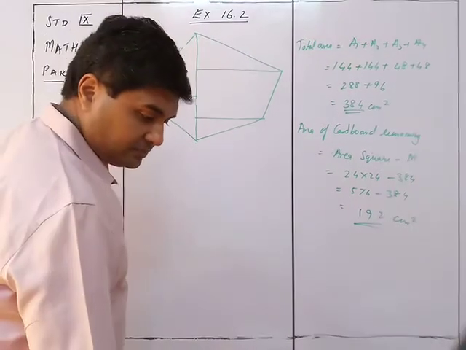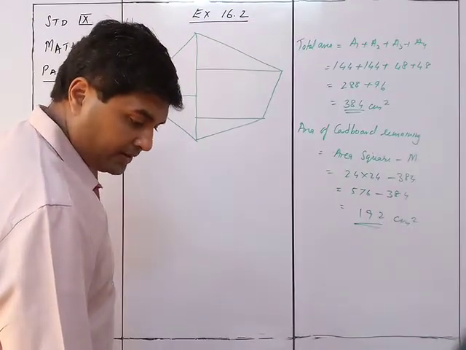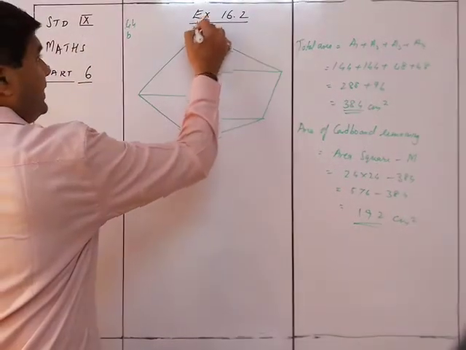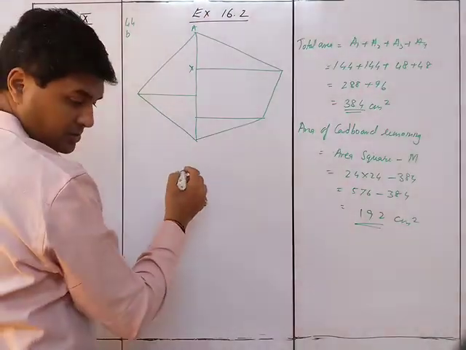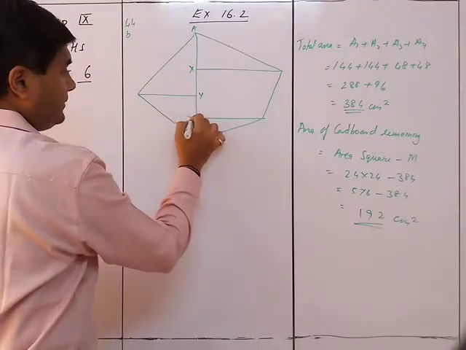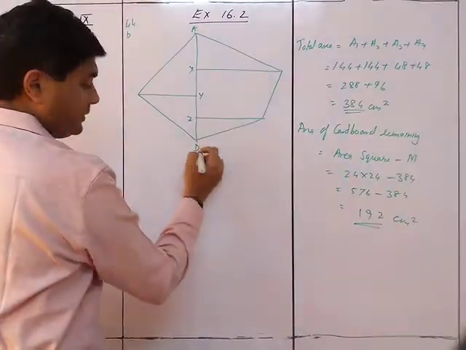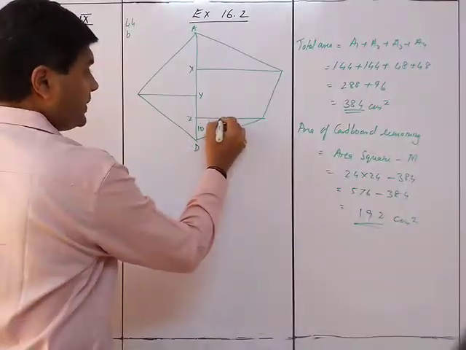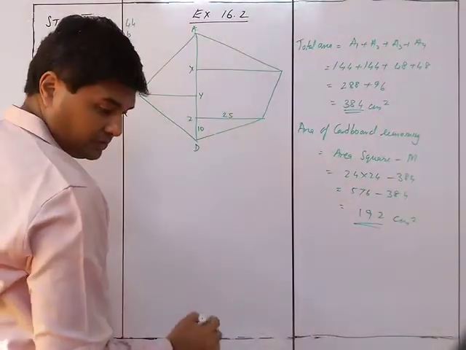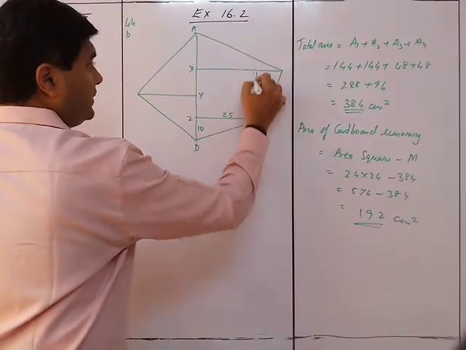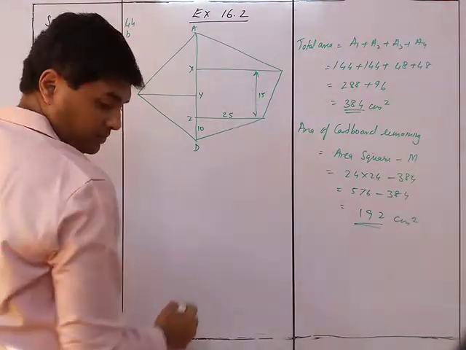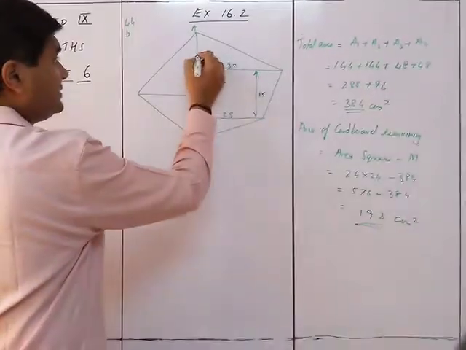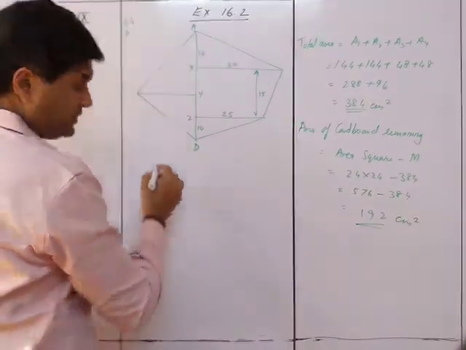Okay, this is the sum, and they are given the dimensions over here. You have written over here A, X, Y, Z, and D, where this is equal to 10, this is 25, the height over here is 15, this is 30, this is 12, this is 20.